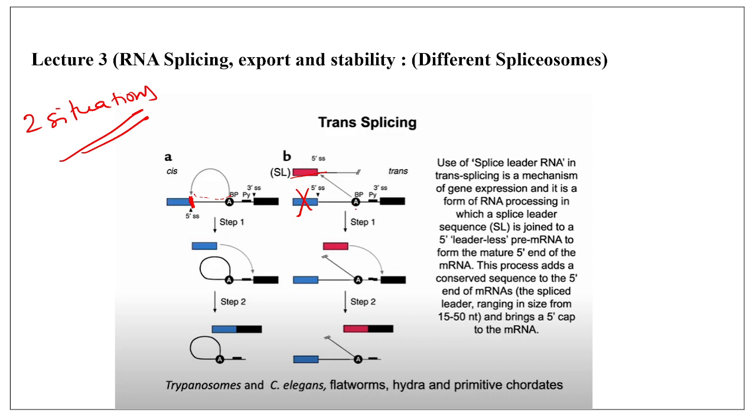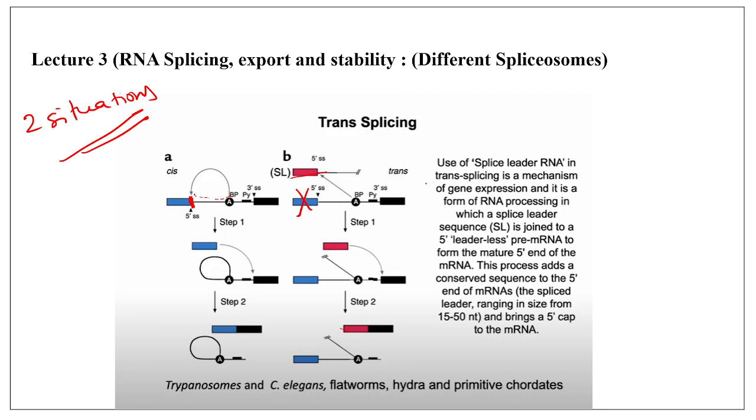Because of that, we now have an interaction between this and this. So first this branch point attacks over here, this kind of structure is formed, and then it attacks over here, and then this comes. So this is your outron, and this is your complete intron.